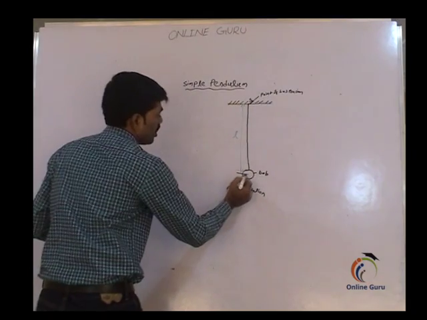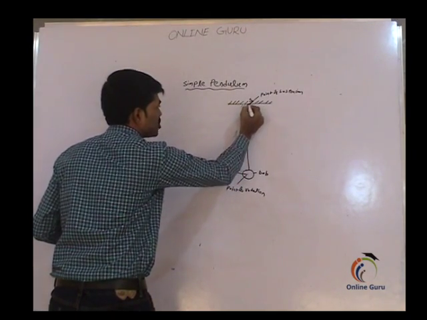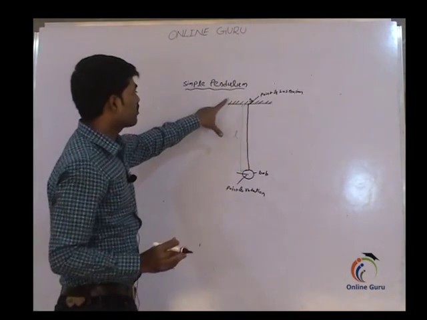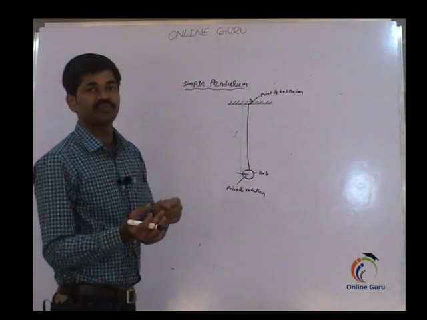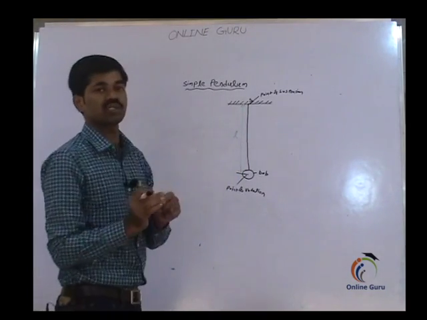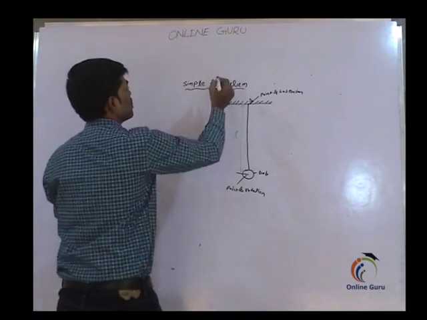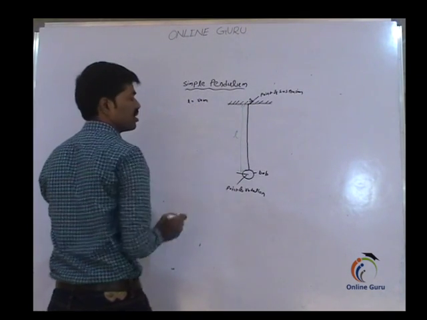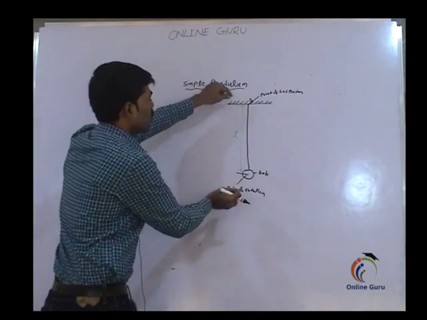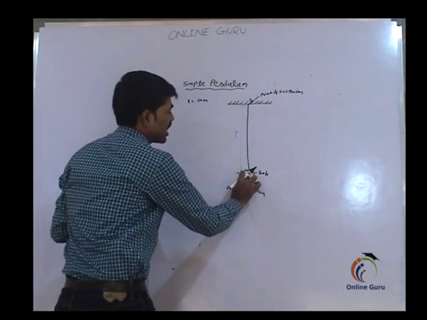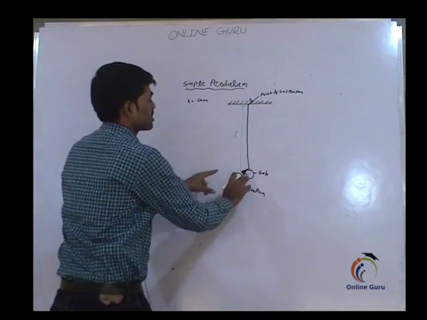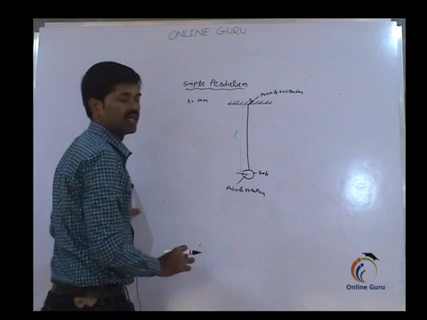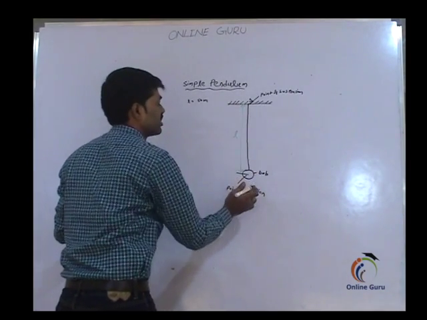Now, the length is measured from the suspension to the center of the bob. In practice, the length of the pendulum is constant, for example we will take the length as 50 centimeters. But whenever we want to measure L, the exact point, the center of the bob where the total mass is considered, we cannot determine exactly.